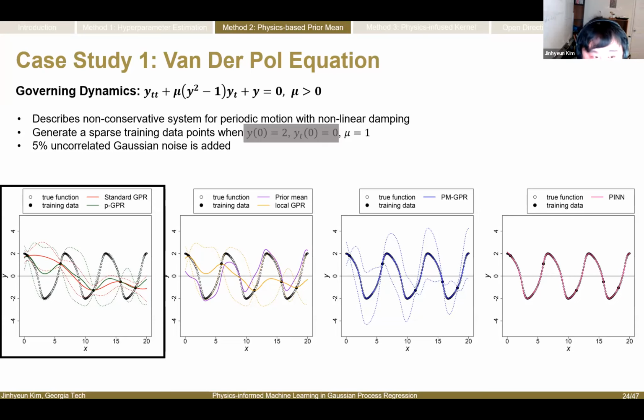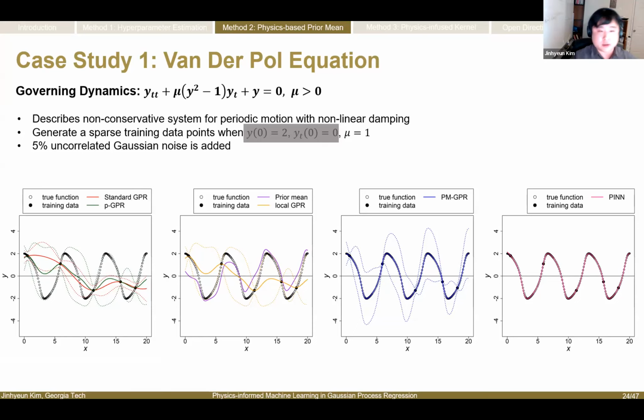It is very interesting to see that this uncertainty interval contains the true dynamics of the system. However, when you look at the standard GPR, the confidence bound is tighter, the width of the dotted line is tighter. However, it fails to contain the true dynamics of the system.